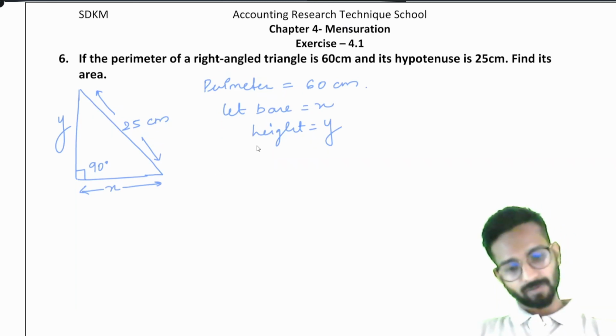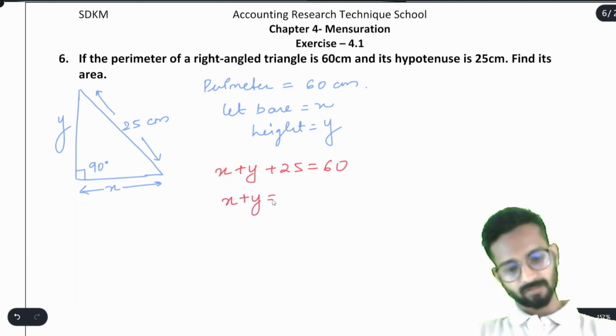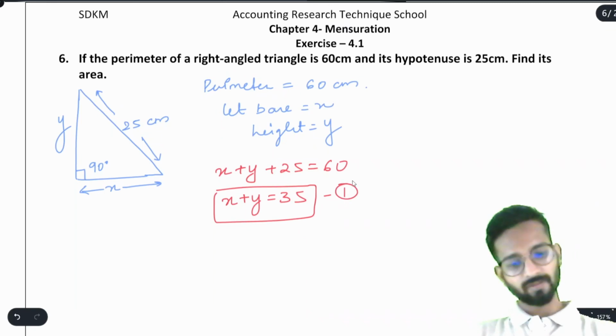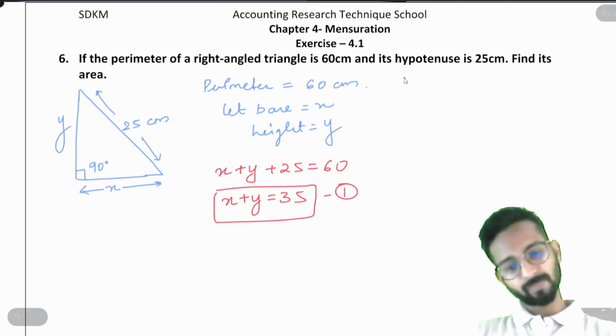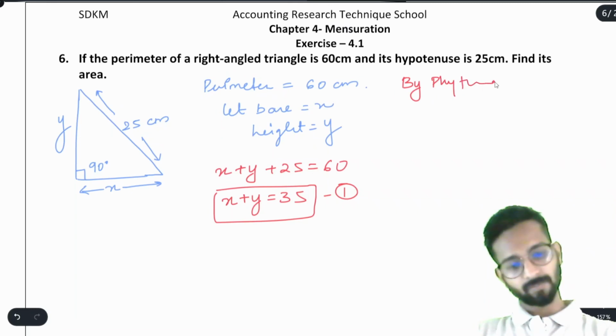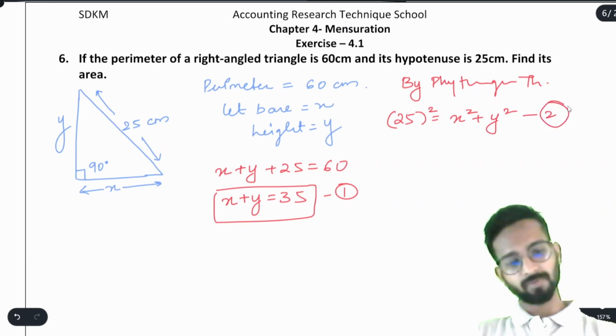First is, according to the perimeter, x plus y plus 25 is 60, and I can say x plus y is 35. This is the first equation we can get. Second thing, by Pythagoras theorem, 25 square, that is hypotenuse square, is equal to base square plus perpendicular square. This is our equation number 2.